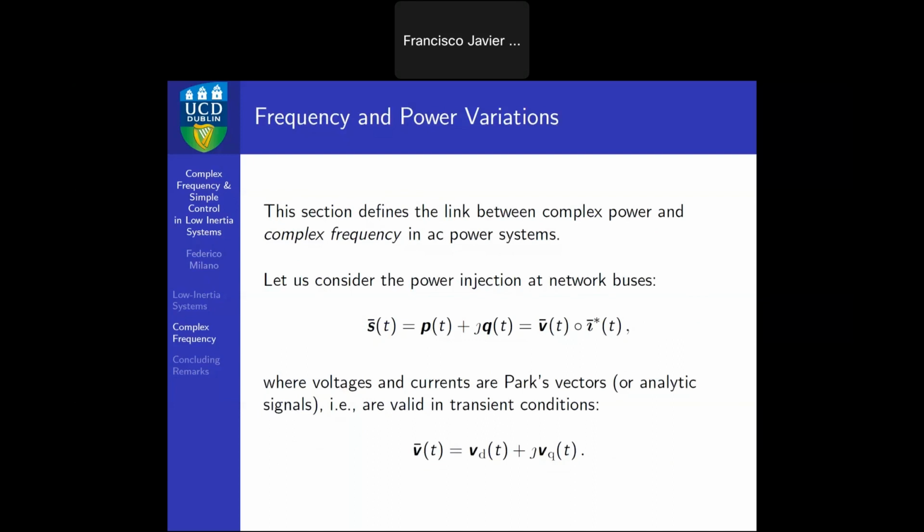How do we get there? The point is, I want to use the power flow equation during the transient. So I write just the power injections into the grid. But I take into account that in the meantime, there is a transient, and so the voltages and currents are evolving because of the transient.